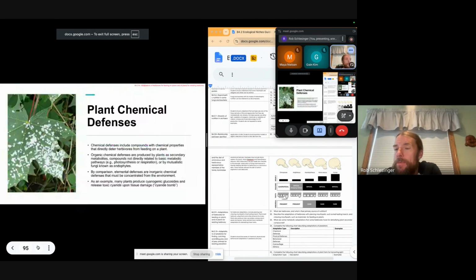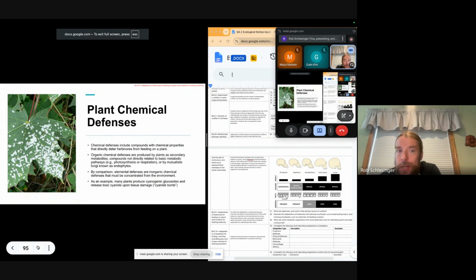Now, the only thing I'll say here, as we're talking about herbivores, is that there's another term that I've seen pop up more and more in recent exams, and I think it's called allelopathy, and that's how plants defend themselves from herbivores.